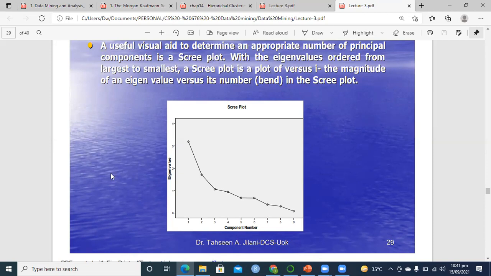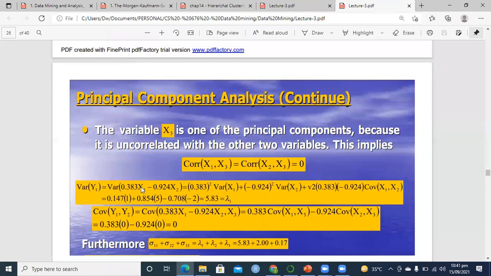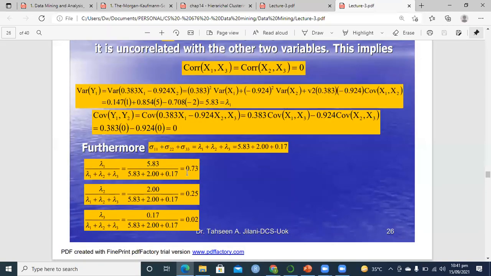But in social science, like psychology or history, you have to consider even small values. I was working on a social science project, and this is called explained variation. What I was explaining to you, the first principal component explains 73%, the second explains 25%. So cumulatively, they explain 98% of the variation.